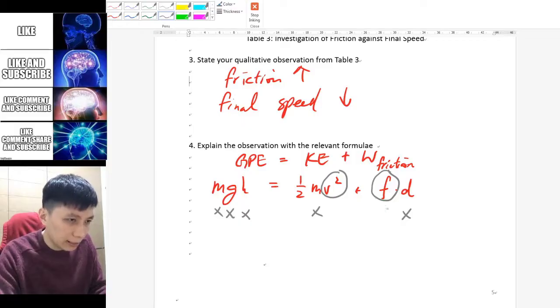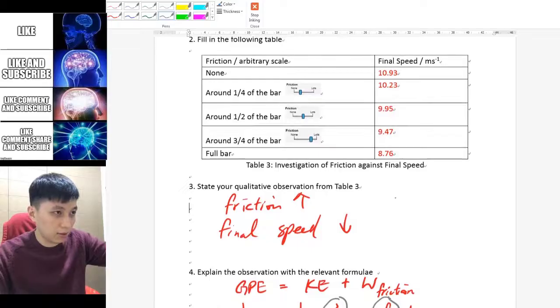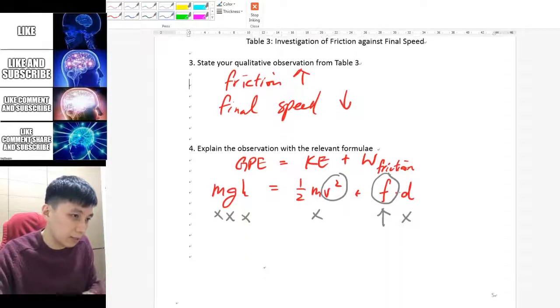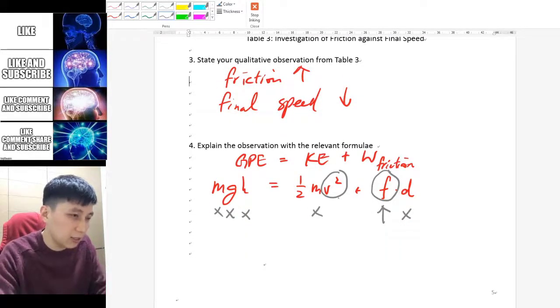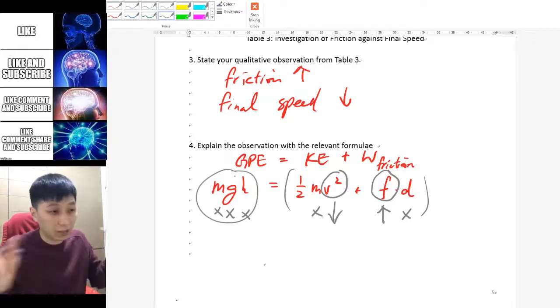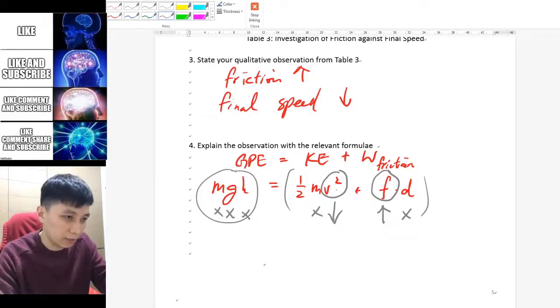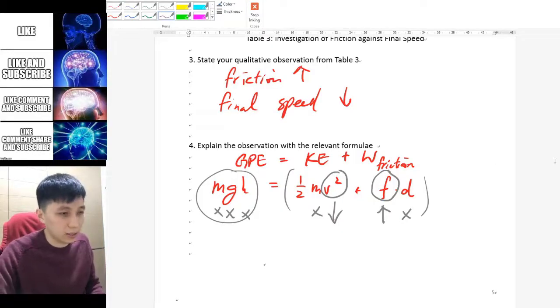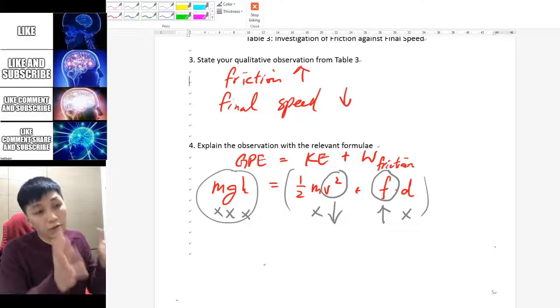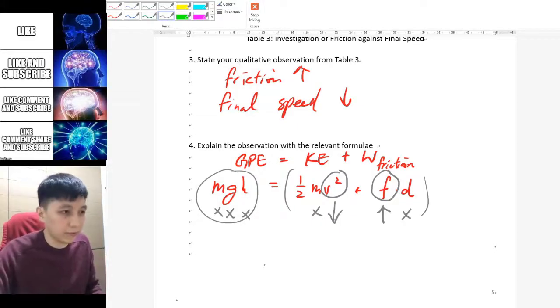And since we increase the friction along the different trials, then since everything else is fixed, the only way is for v to be smaller, because you can see this is on the right hand side, and mgh is fixed on the left hand side. So the only way, like we said, is v squared being smaller. So try to turn my symbols here into a sensible sentence by yourself.